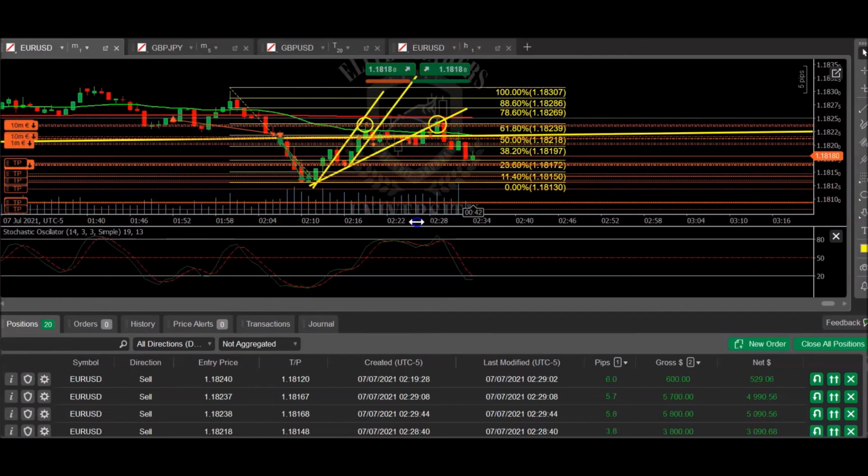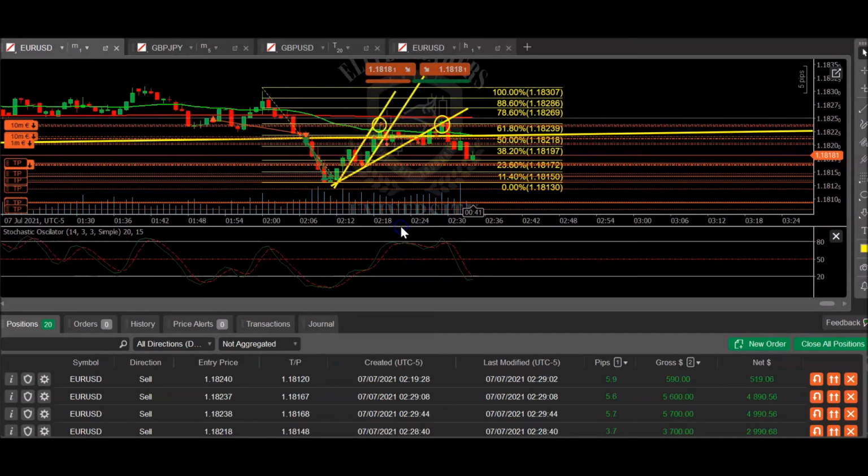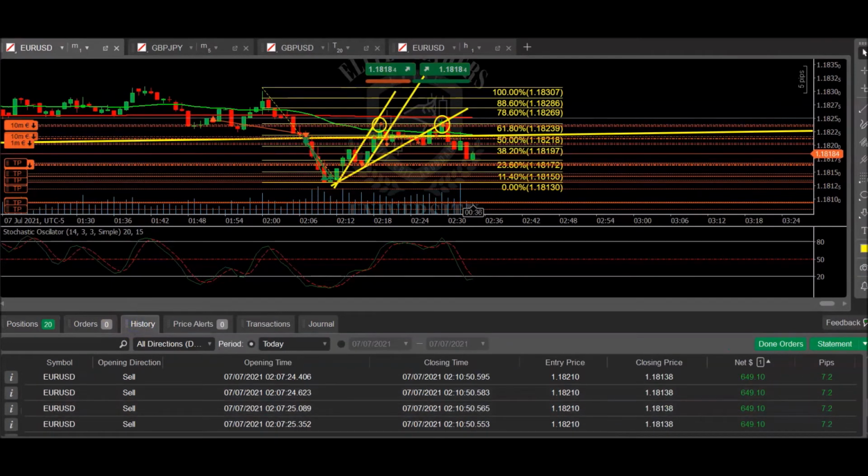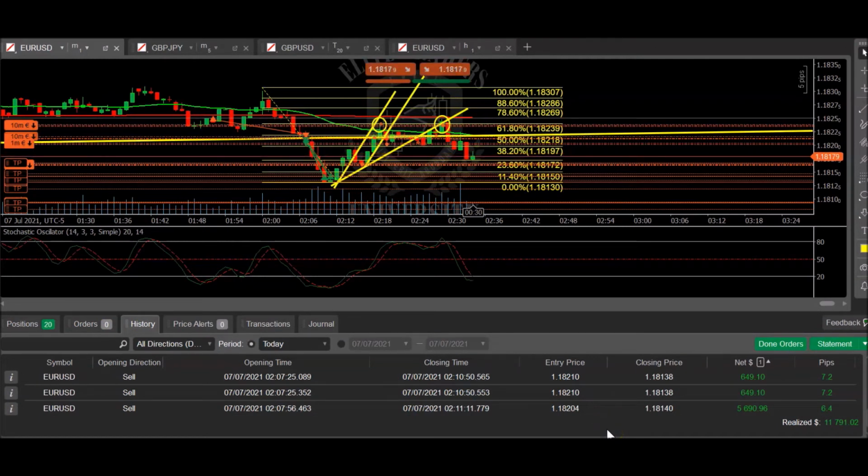So we should start limiting out on some trades, and we should add some more money to the bank. Right now you can see where we're up. We're up at 11,791. And we'll start seeing this number start to increase.